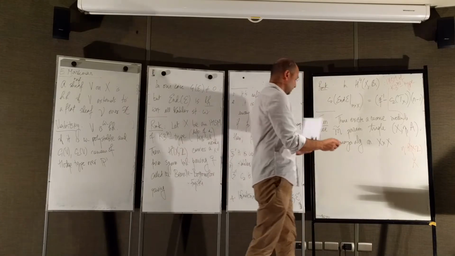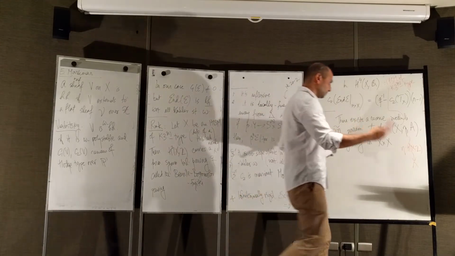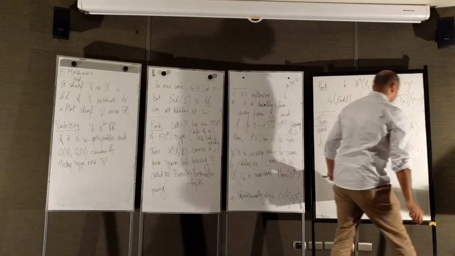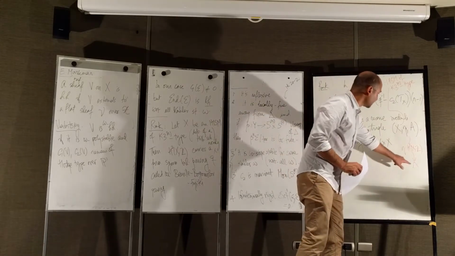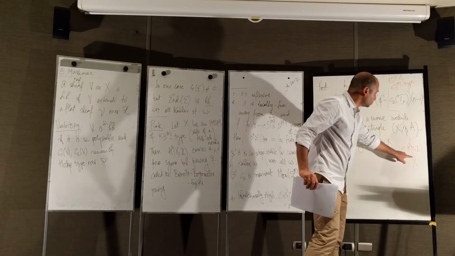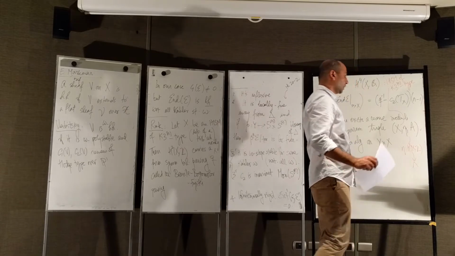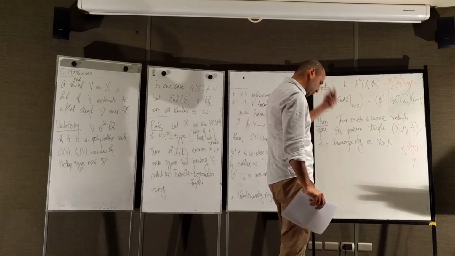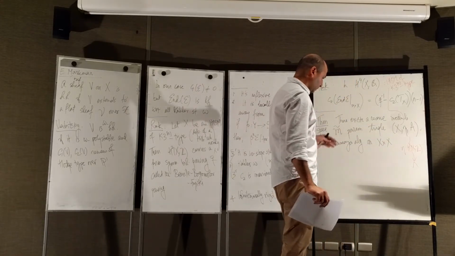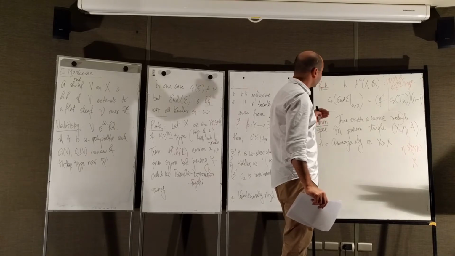So all of these spaces have the same cohomology. The integral cohomology is isomorphic to a lattice lambda of, it's not unimodular, but it is 23 dimensional.